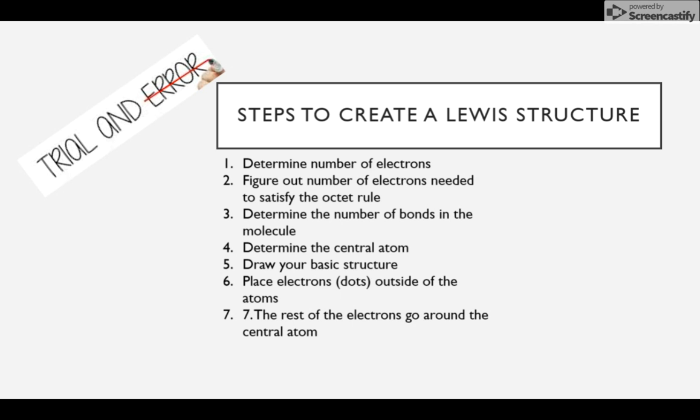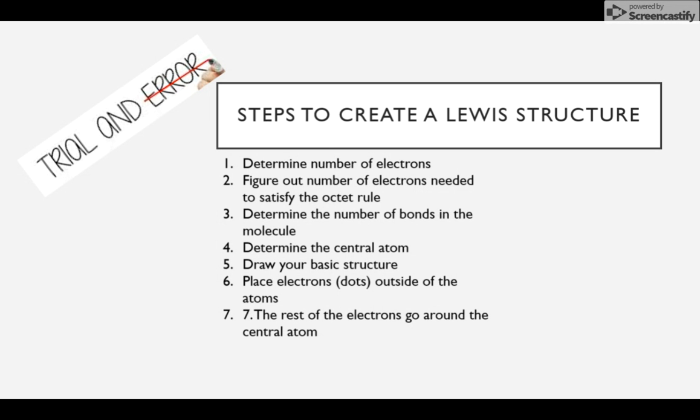And all of this, it might take you a couple times to get it. Number 5 is draw your structure. It might take you a couple times to get the right structure that's going to work, but it's all trial and error, and you'll eventually get it. But once you draw your basic structure, then you're going to place the electrons, which are the dots, outside of the atom.